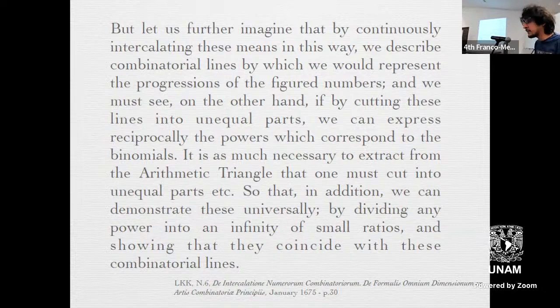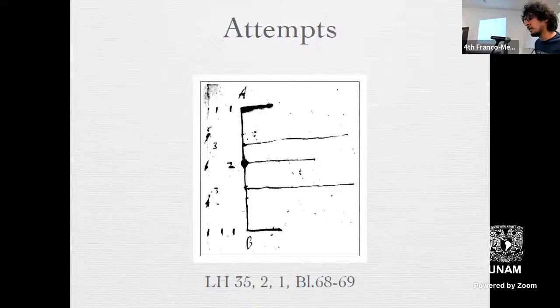Okay, another attempt a little later is this one. Leibniz tried to put the values of the combinatorial numbers into ordinates, and he finds that there is a problem, because you will find different values, different ordinates, for the same abscissa.